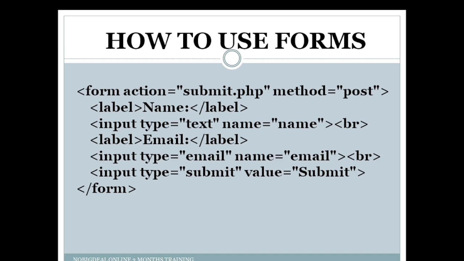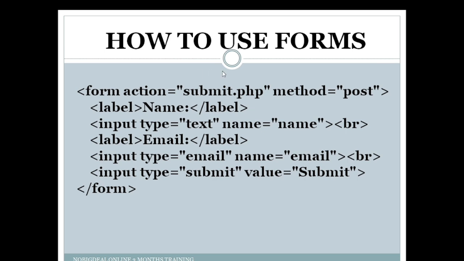Let me explain the first code here that says form action. The action there is not that necessary for beginners because we don't have a database yet. But when you want an action to be performed on your form, that is, when you fill the form and click on submit, you want that form to go to your database, you have to use this form action.